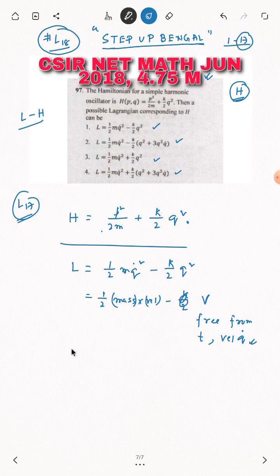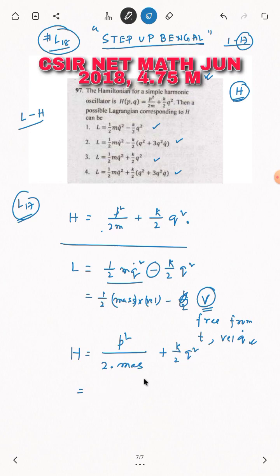So what will be the corresponding Hamiltonian? If this is the Lagrangian, then what will be the corresponding Hamiltonian? That will be p square by 2 into mass, and the potential energy will be just reversed. Here potential energy is given in negative sign, so that should be plus sign, k by 2 into q square.